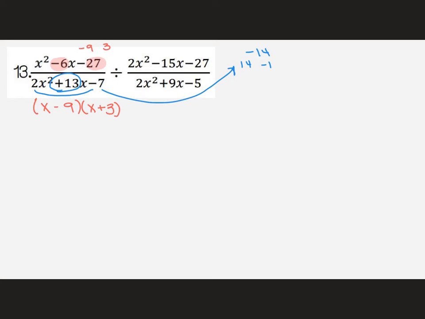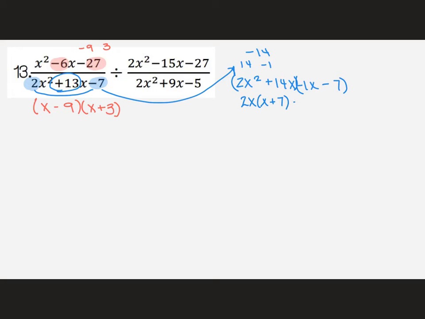I'm going to leave a the same. Instead of writing 13x, I'm going to put plus 14x minus 1x, and I'm going to leave c the exact same. I'm going to group, and I can factor out a 2x from the first group.